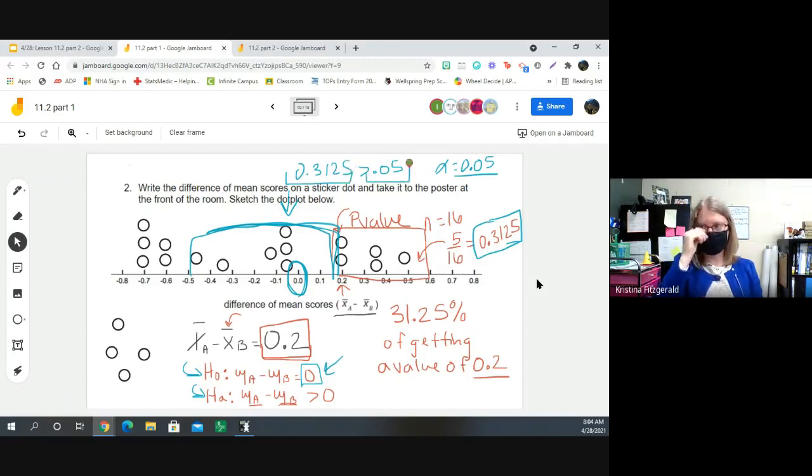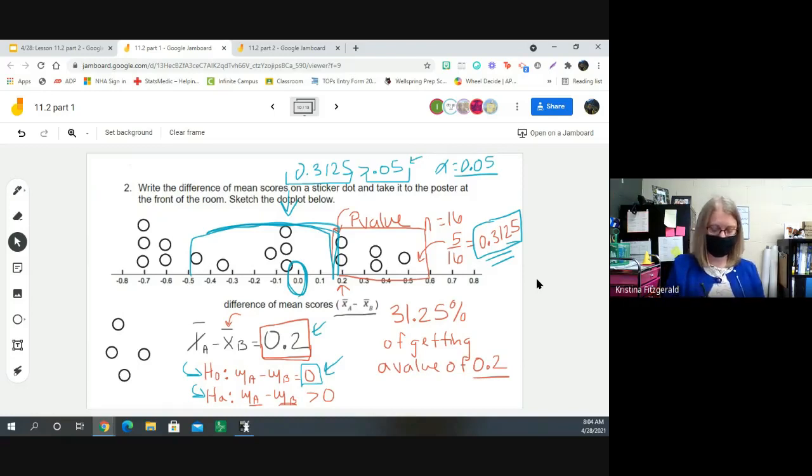So, yeah, we're going to fail to reject just because our value that we were questioning, the 0.2, and anything greater than 0.2 was pretty common. Like 31% isn't always the best odds depending on the context. But in the case of the significance test, where we establish that anything unusual is less than 5%, we are going to fail to reject.